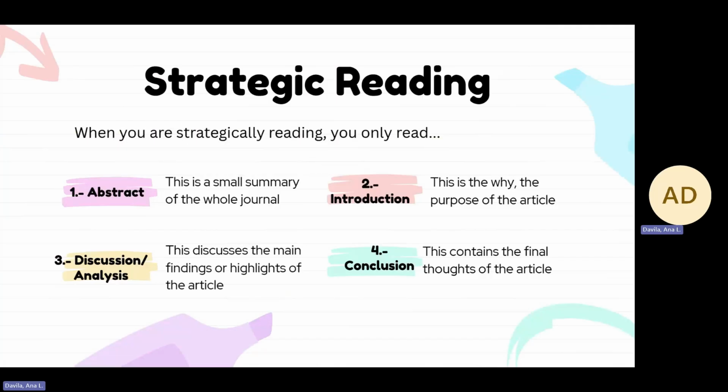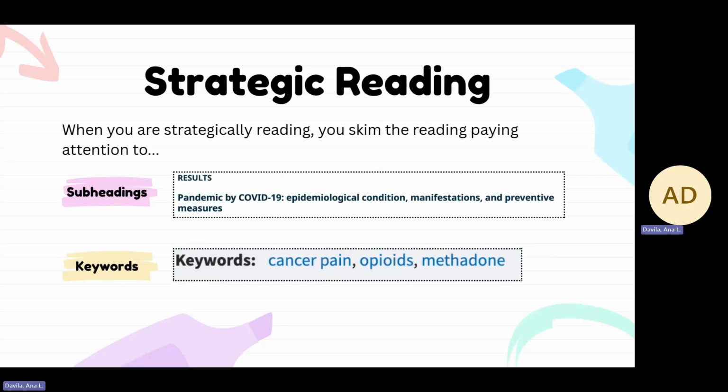Because remember, for current status we talk about the future, what is going to happen in the future. So maybe you can find a little of that information in the conclusion, like what they have discovered and what they think is going to happen. Because just like you guys, they're writing a research paper, so they need to see what is going to happen in the future. Also, when you read strategically, you're going to skim, but you're going to pay attention to certain things, right?